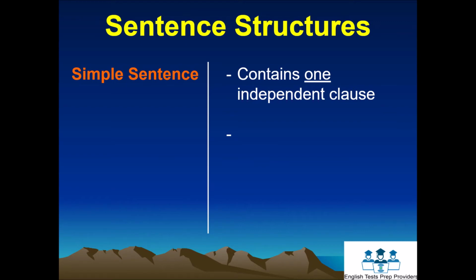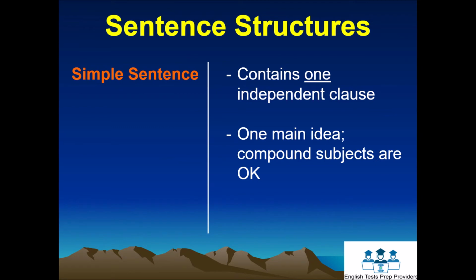It can stand alone, so it has a complete subject and a complete predicate. Of course, a simple sentence has one main idea, and the subjects could be compound or 2. So if you have written a sentence with 2 subjects, it is still a simple sentence, because even if you have 2 subjects, you still have one independent clause, so it is a simple sentence.